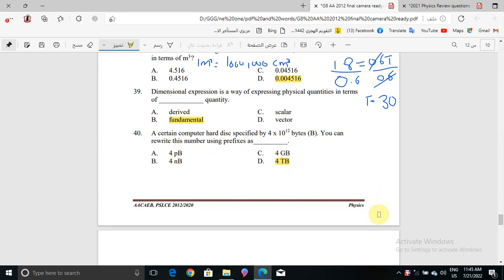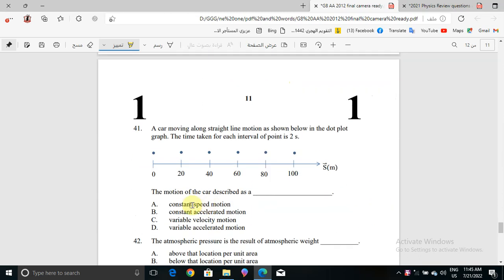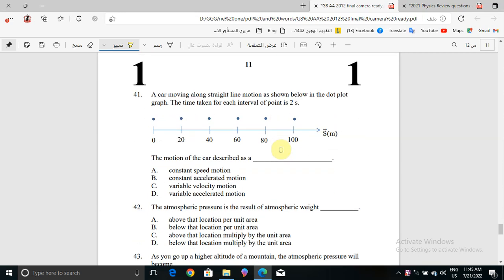Okay, now in question number 41, what do we have here? A car moving along a straight line as shown in the dot plot graph. The time taken for each interval point is 2 seconds. Then the motion of the car is described as what? It will be constant speed motion. Why?